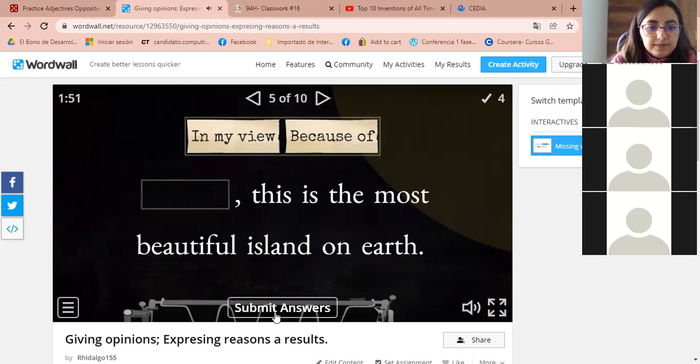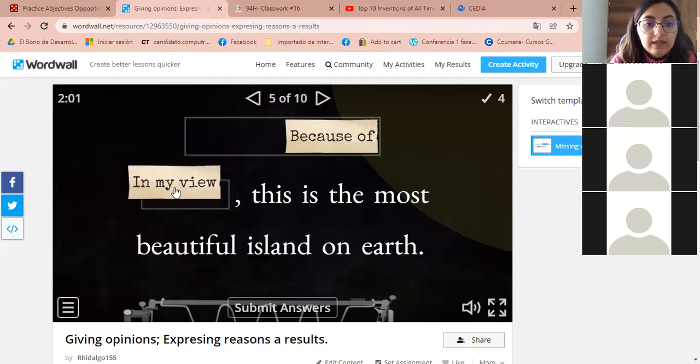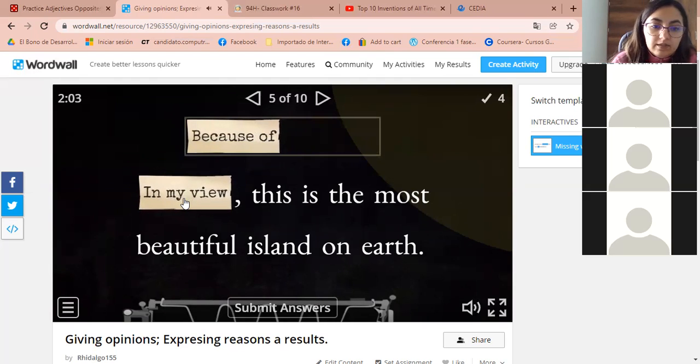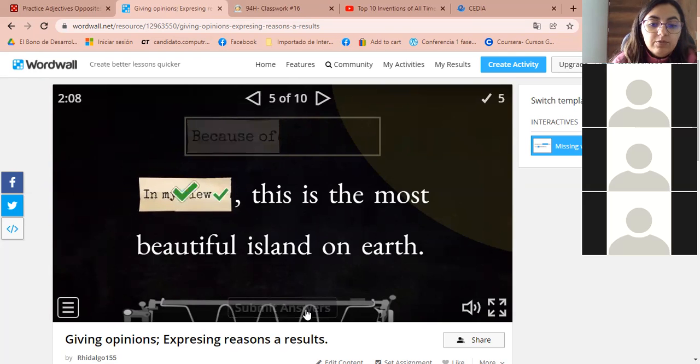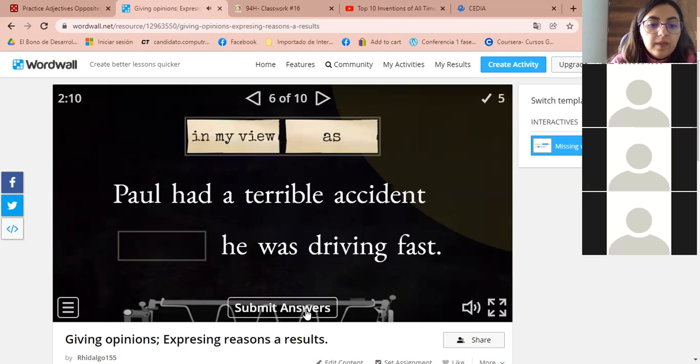Let's see the next. This is the most beautiful island on earth. Es la más linda isla en la tierra. In my view. In my view. Desde mi punto de vista, esta es la isla más linda. Good. What about this? Paul had a terrible accident.